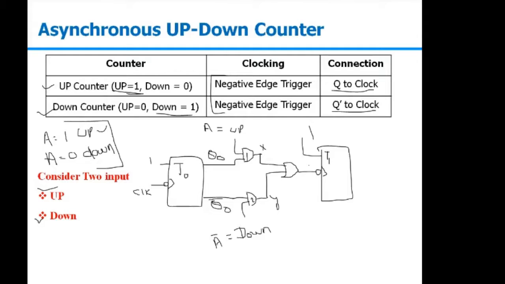So Q node is now connected when up is 1. So we are connecting Q node to the clock. So this is the up counter. And when A bar is 1, or you can say down is 1, Y will be equal to Q bar and X will be 0. So here we are connecting Q bar to the clock. This is how we are designing the up-down counter in a single design.